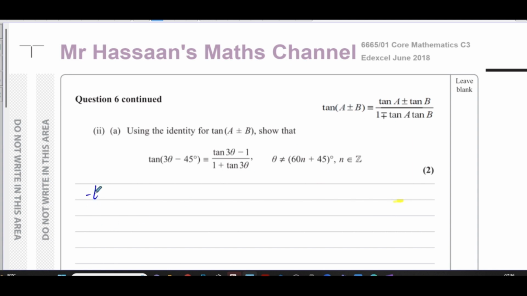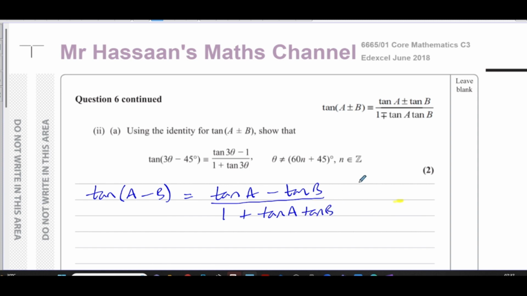We use the identity tan of A minus B is equal to, on the top, tan of A minus tan of B, and underneath it's going to be with the plus, so it's 1 plus tan A times tan B. Okay, so how do we apply this?